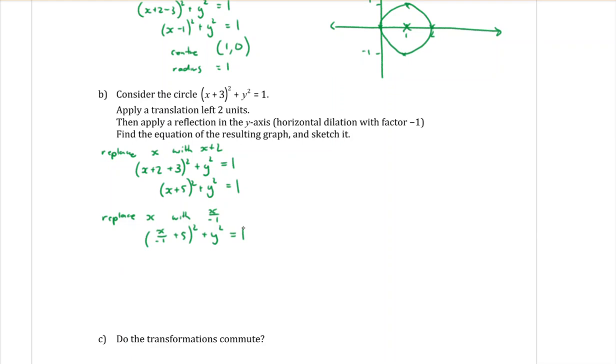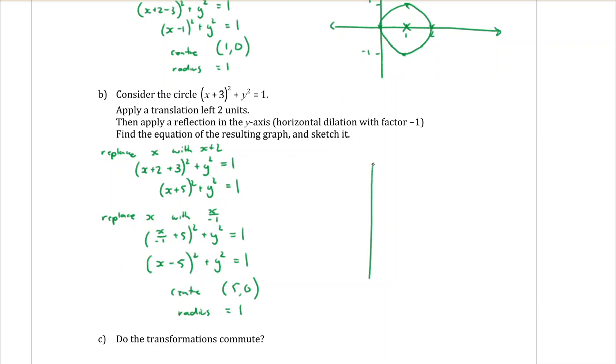And like usual, bring the minus out of the bracket. So bringing the minus 1 out, when I square it, will become positive. So can I just leave that bit off this time? And that means that the x will become positive, the 5 will become negative, squared plus y squared equals 1. Clearly, you can see that that is not the same equation as the one that I got in part A. What is the center of that circle? 5, 0, but the radius is still 1.